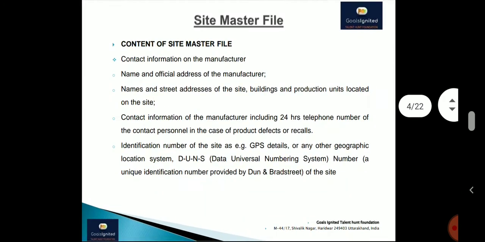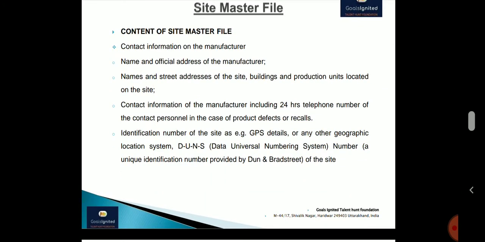Now the content of the site master file: contact information of the manufacturer, the name and official address of the manufacturer, the name and street address, whatever it is, the complete site information, and the DUNS, Data Universal Numbering System, because it is basically like GPS information.